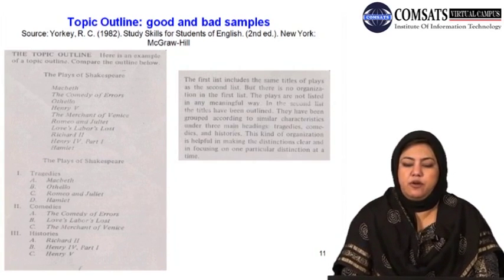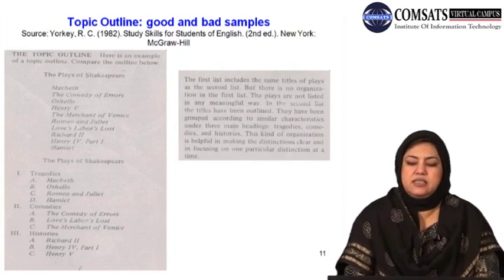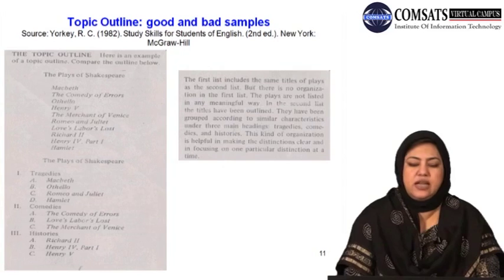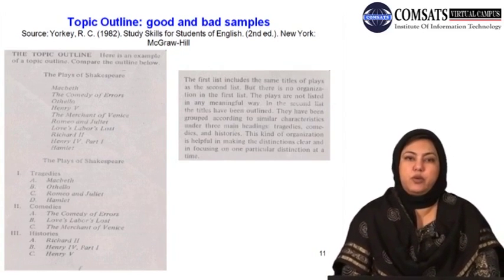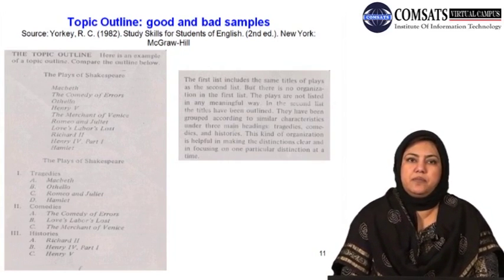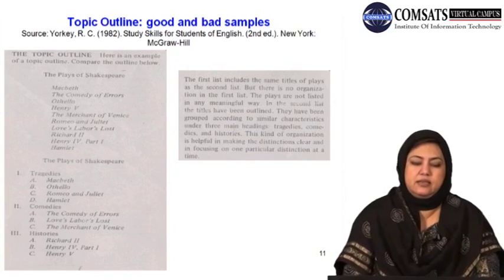So the second kind of organization is helpful in making the distinctions clear and in focusing on one particular distinction at a time. Now if you start writing on the plays of Shakespeare following the first outline, it would be haphazard. The writer would be disoriented.